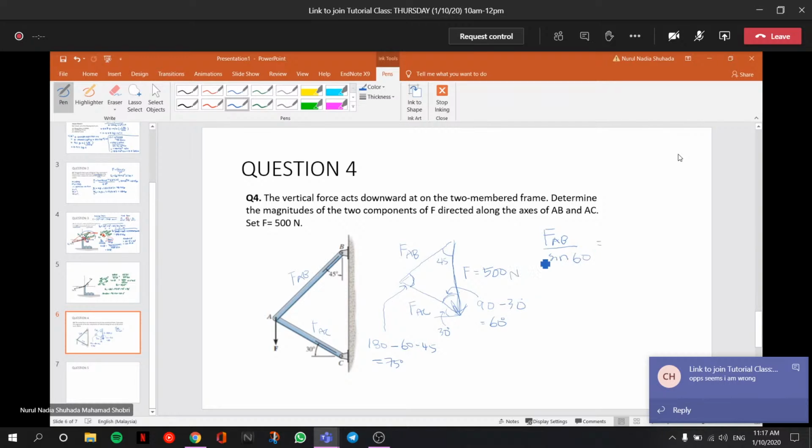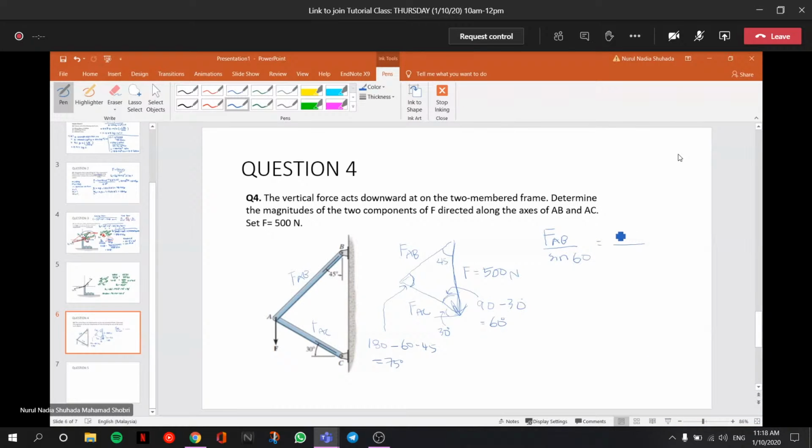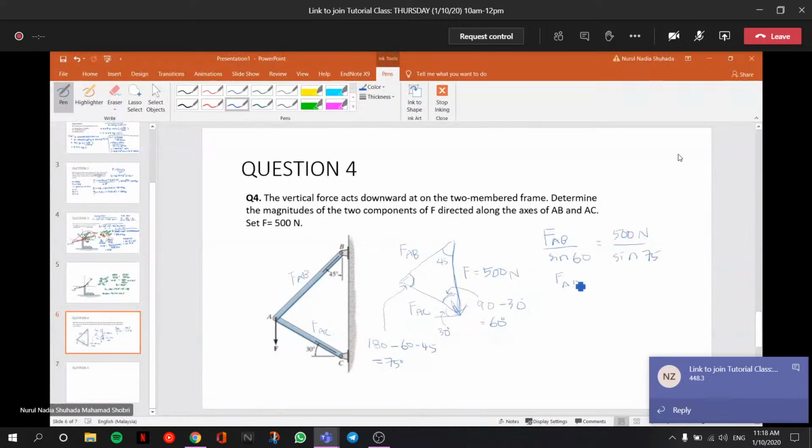And then this here is 500 Newton, and the angle opposite to 500 Newton is sine 75. If you guys solve this one, you will get 448 Newton. Correct. So force AB would be 448 Newton.